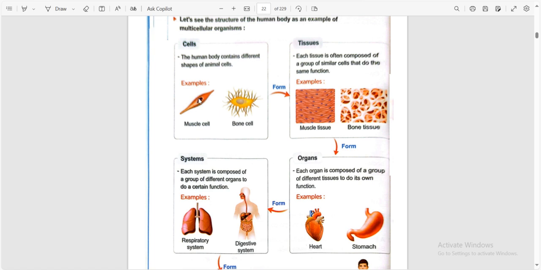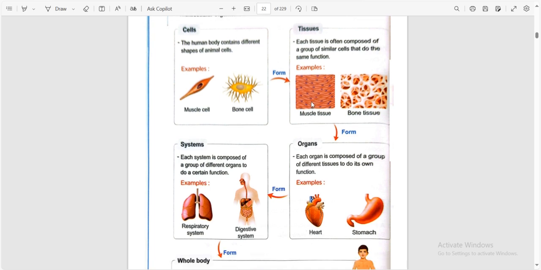The muscle cells, a group of muscle cells make muscle tissues, and those tissues make up organs, such as the stomach, it has muscles, the heart is a muscle, and then a group of organs make a system.